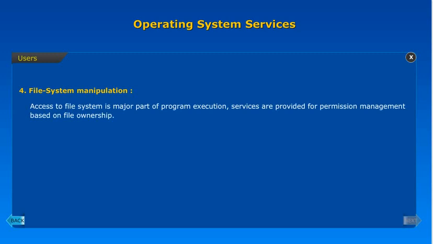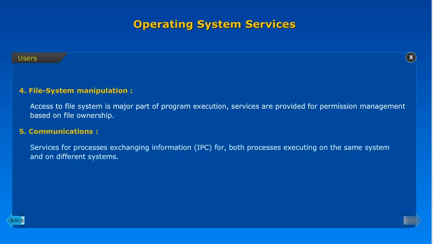Services are provided for permission management based on file ownership. Communications. Services for processes exchanging information, IPC, for both processes executing on the same system and on different systems. Error detection.